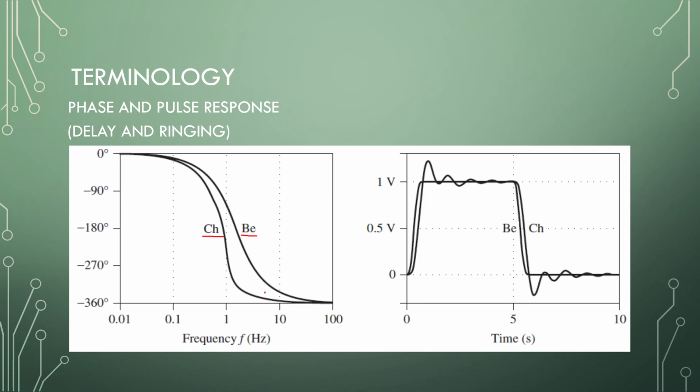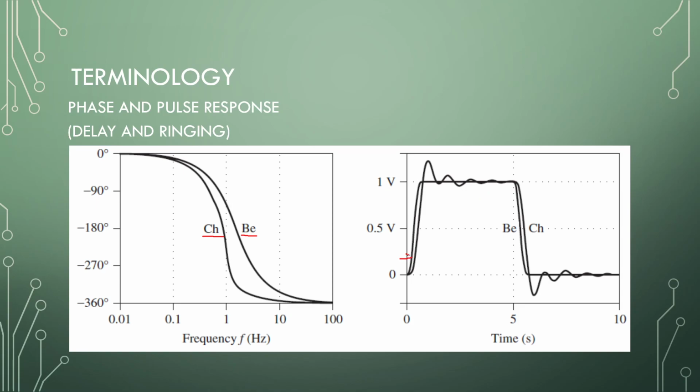Around the cutoff frequency, the Chebyshev has a very quick change in phase, where the Bessel has it gradually. The difference between the Chebyshev and the Bessel shows when we insert a step: the Bessel has a very smooth transition, and the Chebyshev has this really unstable response to a step.